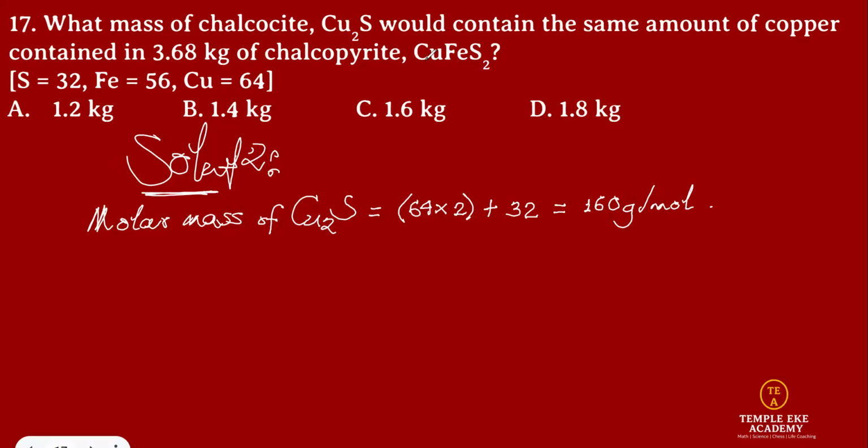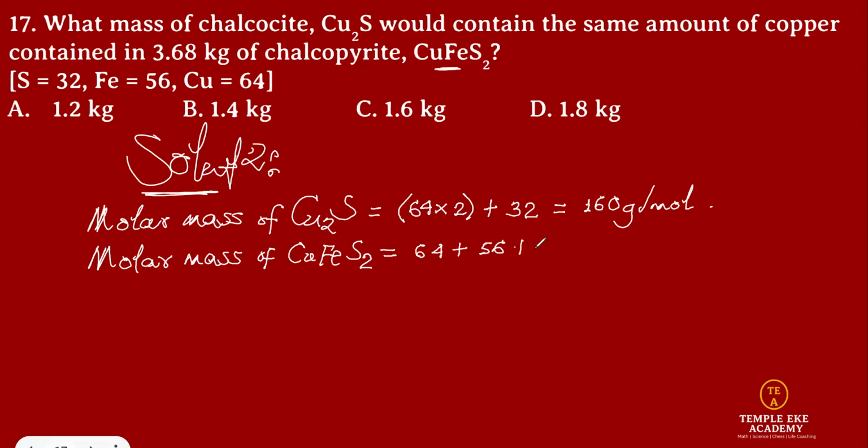Let's establish the molar mass of the second ore in a similar manner. Molar mass of CuFeS2. Let's calculate this. 1 atom of copper, 64. Plus that of iron given to us, 56.